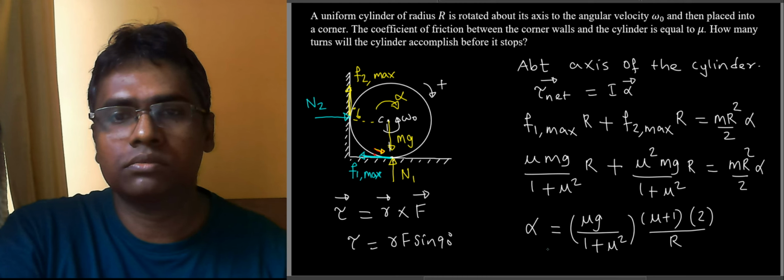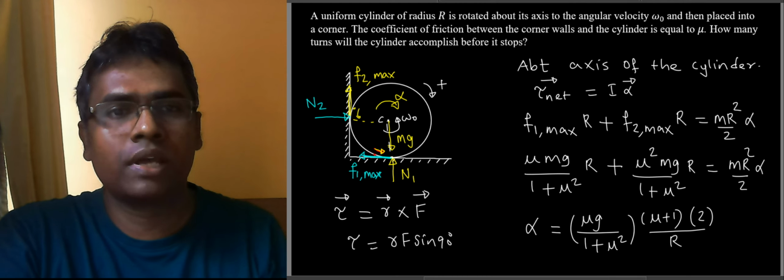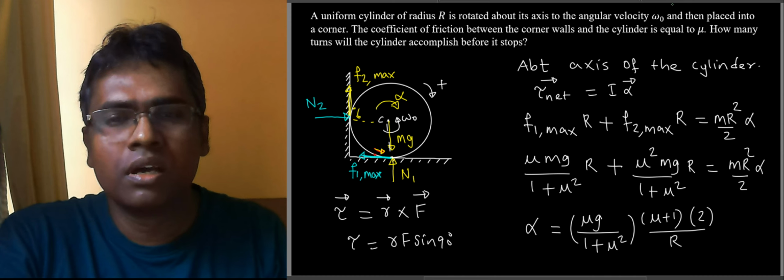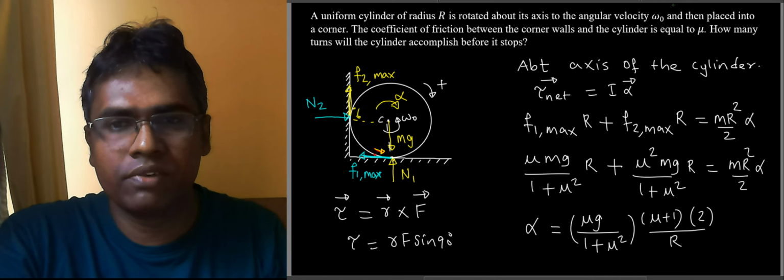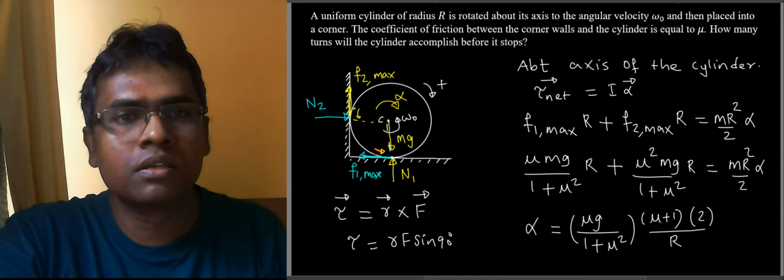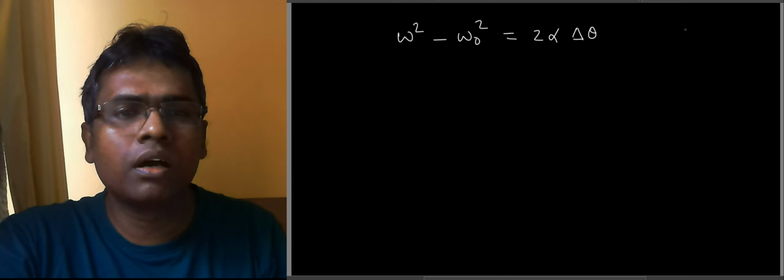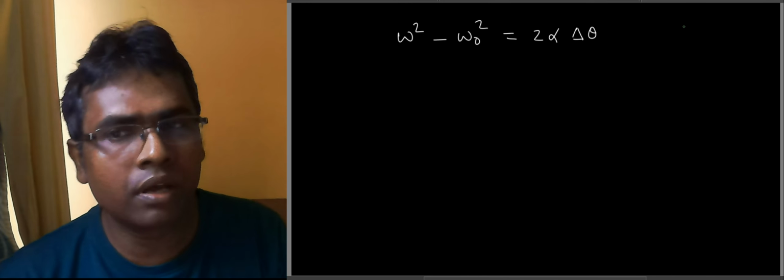Now, if I write down the kinematic equation for simple rotation about an axis, this axis is not moving, so it's a fixed axis. I'm sure we know this: the final angular velocity square minus the initial angular velocity square is equal to 2 times alpha into the angular displacement. But they're asking how many turns it makes before it stops.